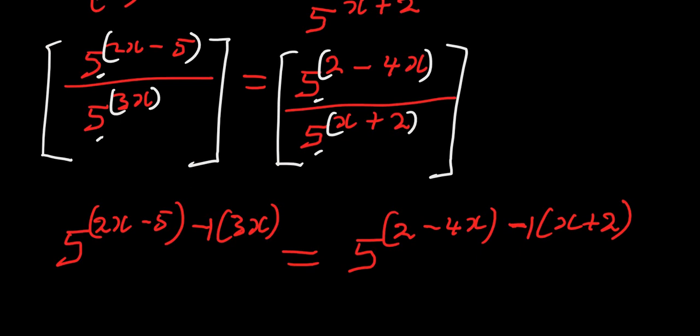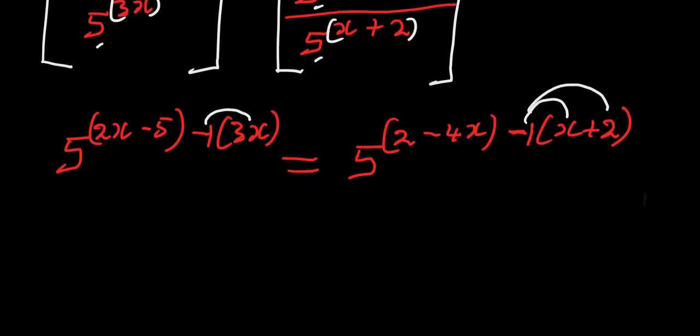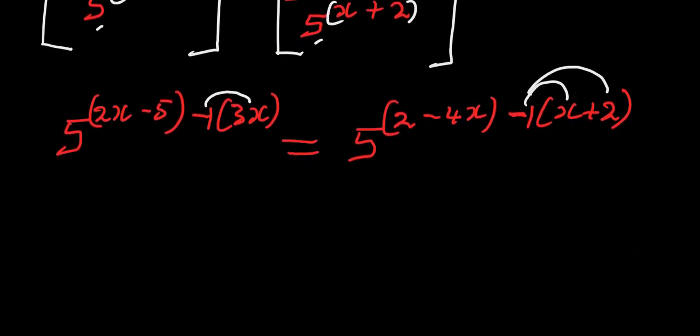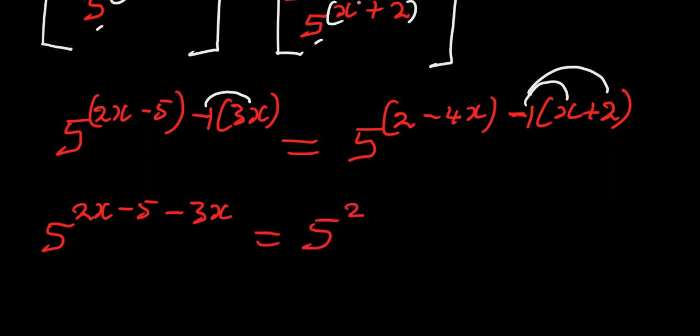So next is to distribute this negative 1, use it to multiply the x, and also use it to multiply this 2. That helps to clear the parentheses. So now the equation will become 5 exponent 2x minus 5, and negative 1 times 3x is going to give us negative 3x, equal 5 exponent 2 minus 4x.